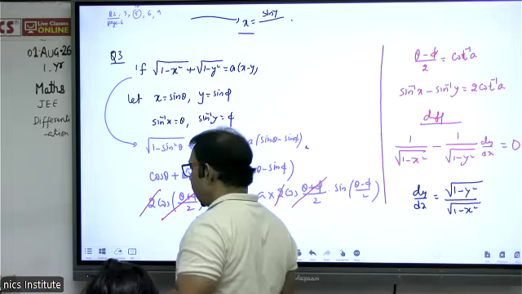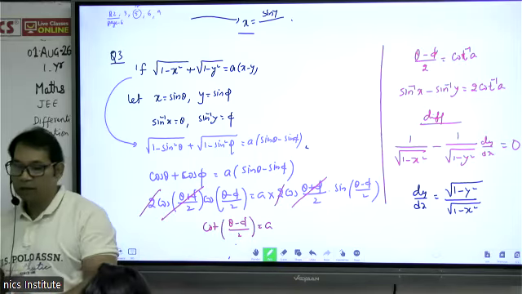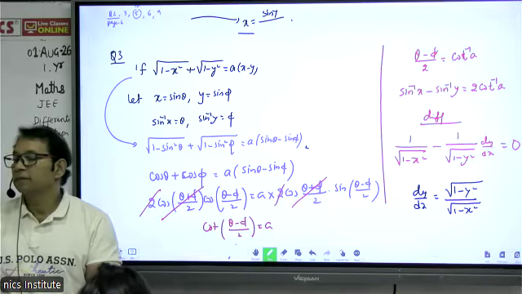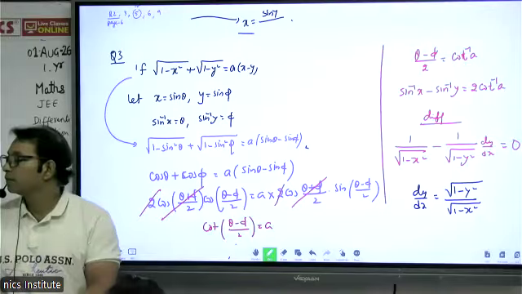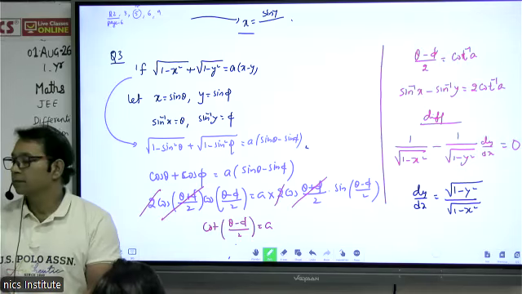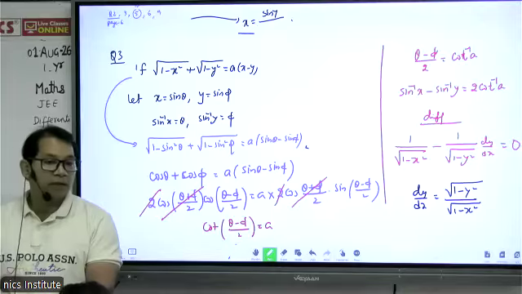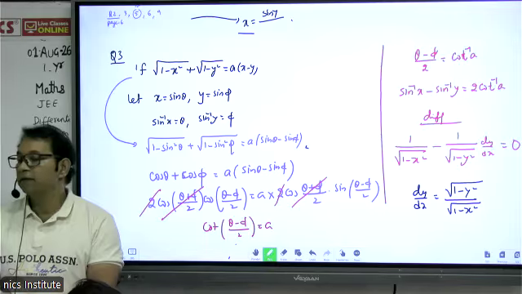Question 5. You have 5 minutes to answer this. Attempt yourself. Again, look at the answer. Answer is dy by dx is minus 1 over 1 plus x square. यही है ना?